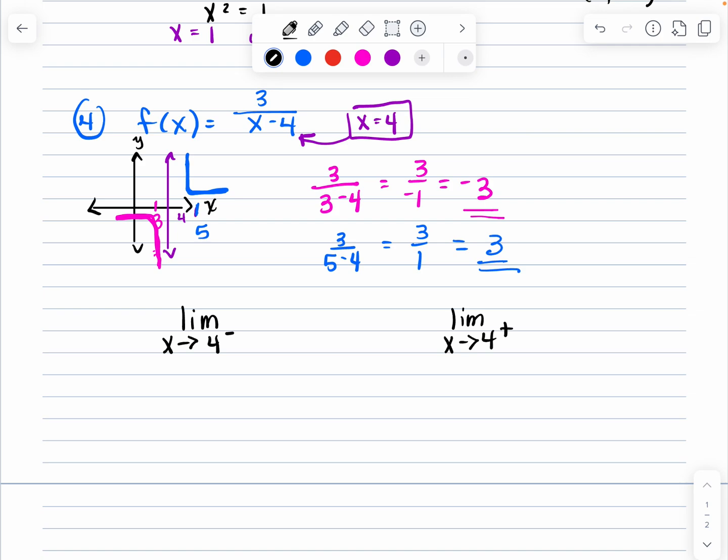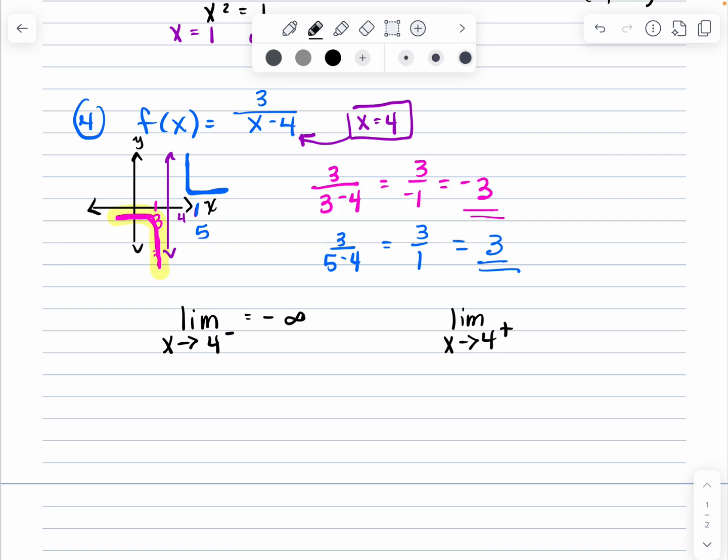Remember, that's what that minus and plus mean. On the left side, as it approaches from the left, we can see that it's going down. It's going to negative infinity.